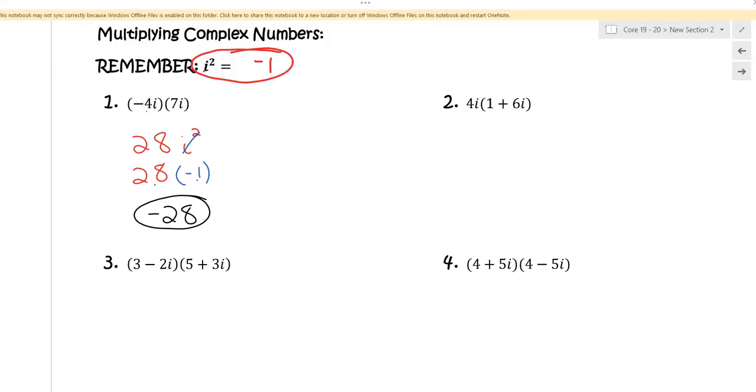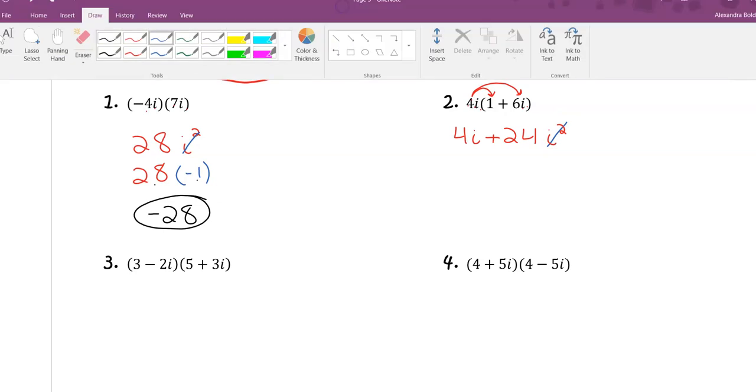All right, looking at number 2. When I just have one thing on the outside, I'm distributing. So I have 4i times 1 is 4i. 4i times 6i, well, 4 times 6 is 24, and i times i is i squared. Same thing, I have that fabulous i squared here.